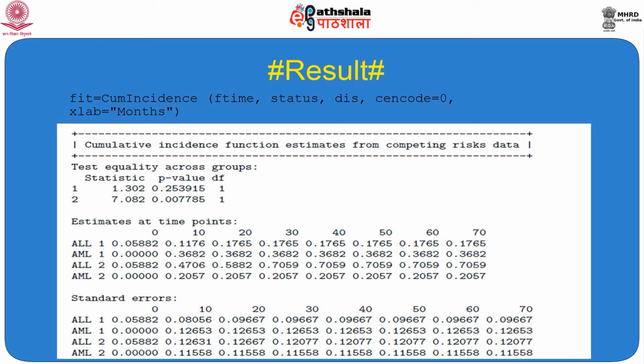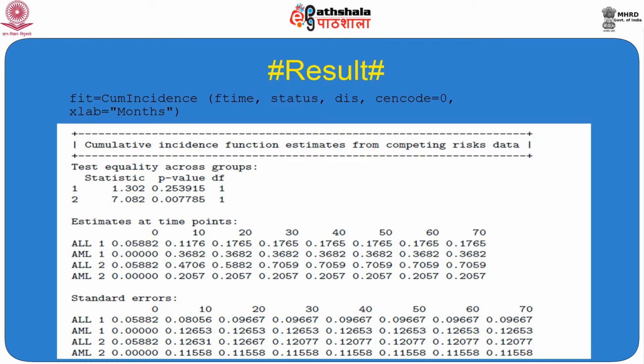Now we go to the results part, where the equality between these two groups is tested. You see the estimates at different points of time given as 0, 10, 20, 30, 40, 50, 60 and 70 days, and the first column shows ALL, AML, ALL and AML. The first row gives the predicted probability for those who died in ALL, and the second row gives it for those who died in AML.